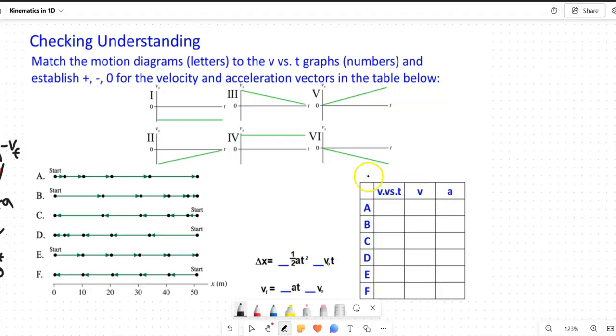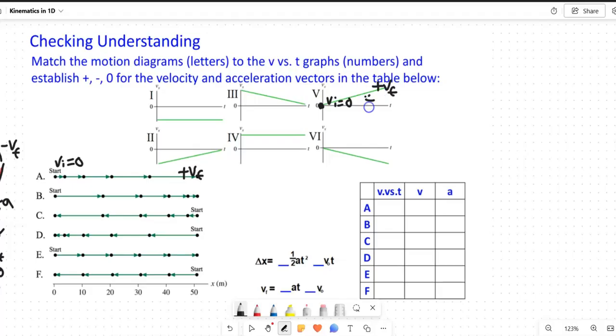Okay, so A looks like it starts off with a 0 velocity, and its final velocity is a positive final velocity. So we're looking for something that starts off with a 0 velocity, so VI is equal to 0, and the final velocity is a positive final velocity.